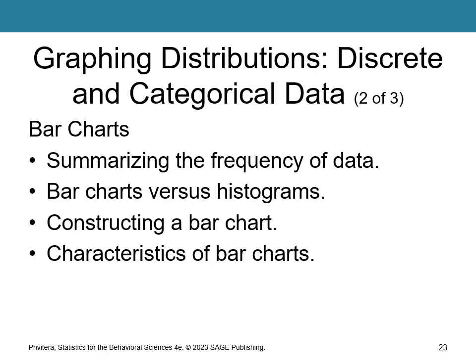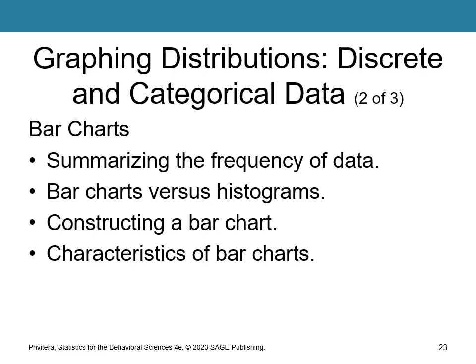A bar chart or bar graph is a graphical display used to summarize the frequency of discrete and categorical data. The data are distributed in whole units or classes, such that a vertical rectangle represents each whole unit or class. The height of the rectangle equals the frequency recorded, and each rectangle does not touch adjacent rectangles.